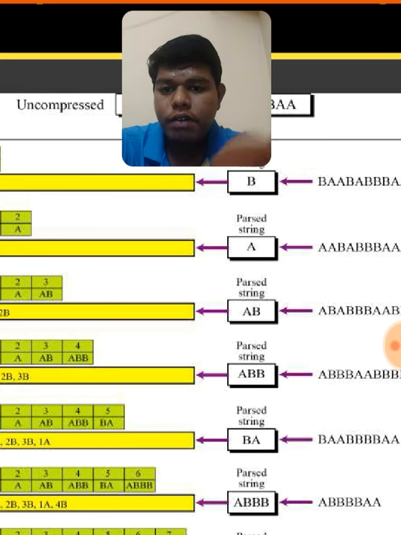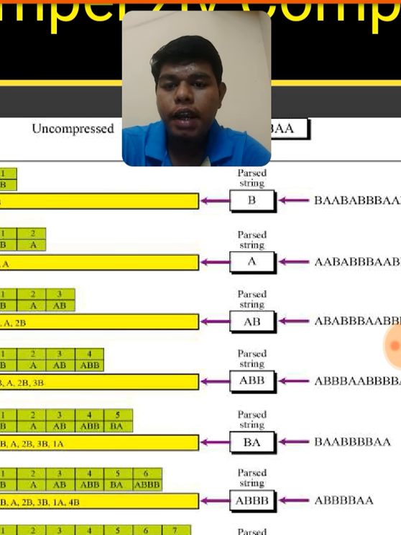Likewise at the last, ABB is repeated, then B, B and A are repeated, and the last symbol is A.